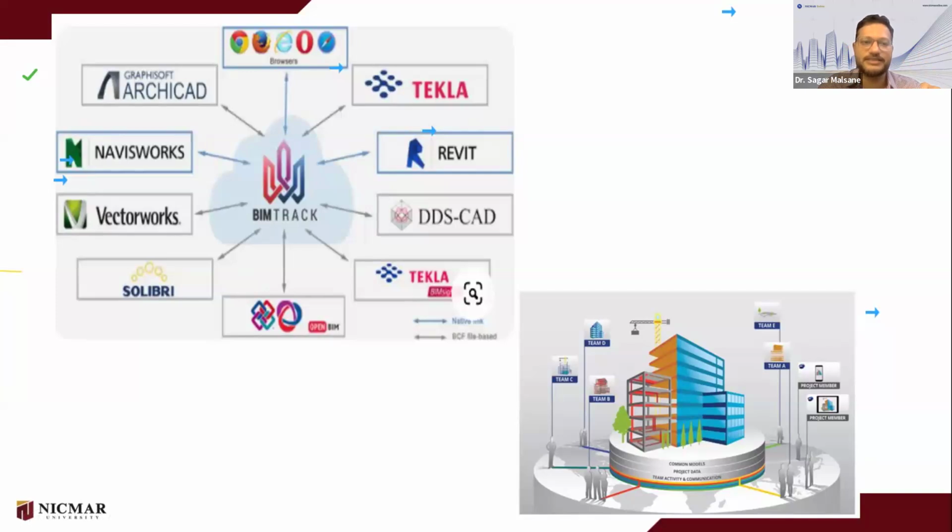Navisworks for collaboration, Solibri for quality check. So BIM allows people to work in a very democratic manner, and through BIM, people can share or access each other's information. That is the real beauty behind this whole process.